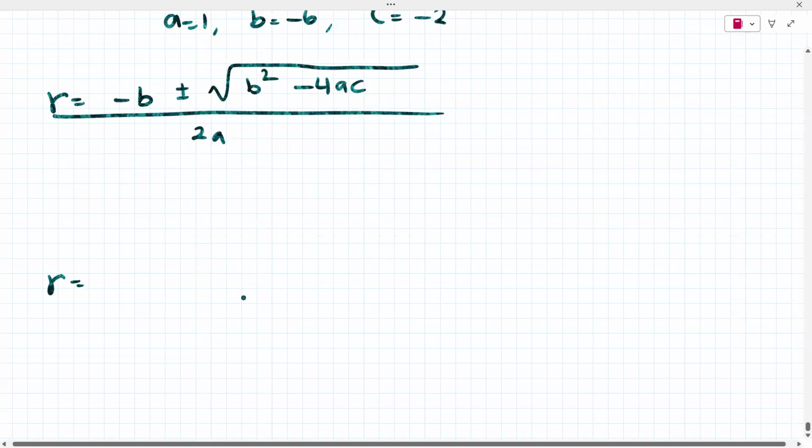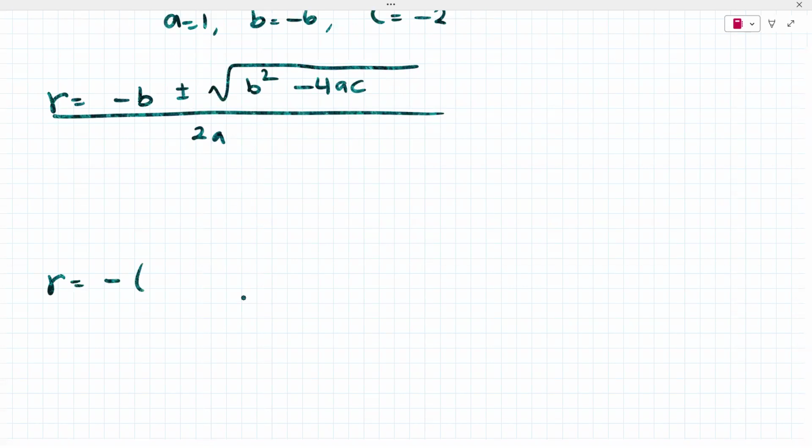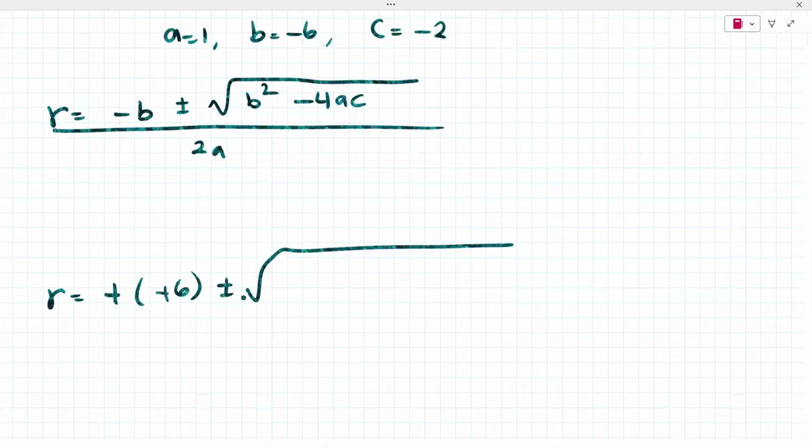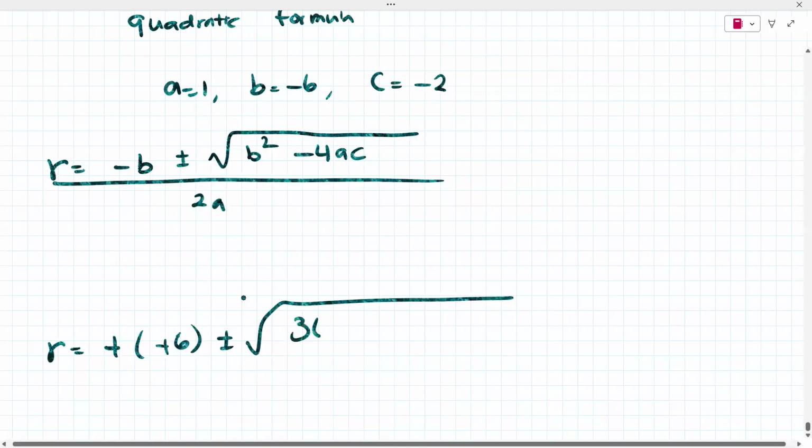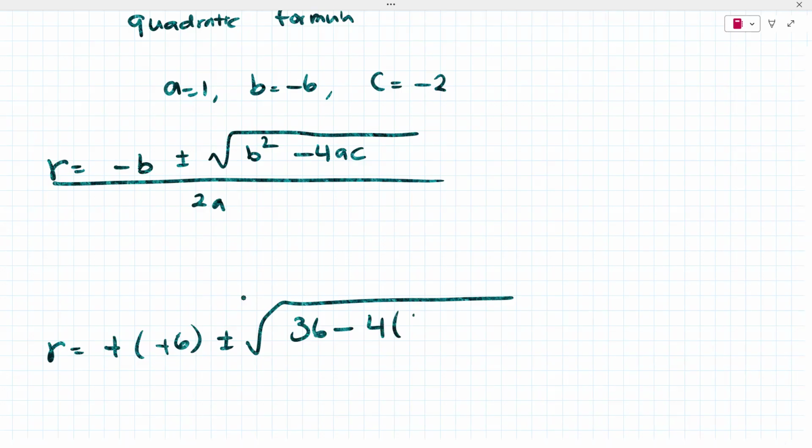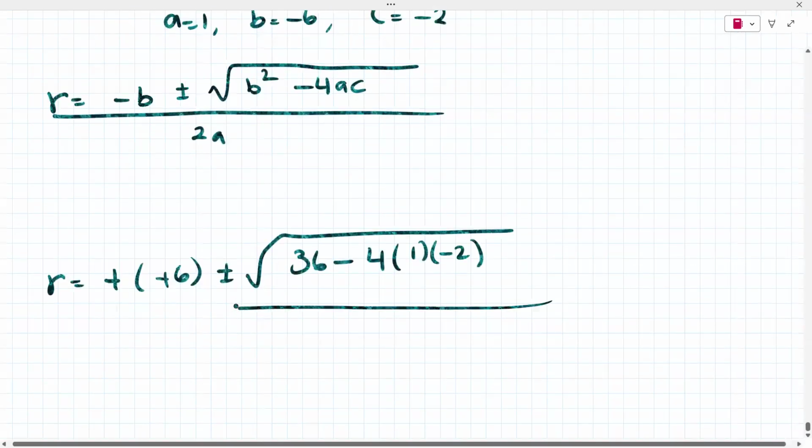The opposite of negative b is positive, so that's positive 6 plus or minus the square root of b squared. Negative 6 squared is 36, minus 4 times a times c. A is 1, c is negative 2, all over 2 times a. My a is 1.